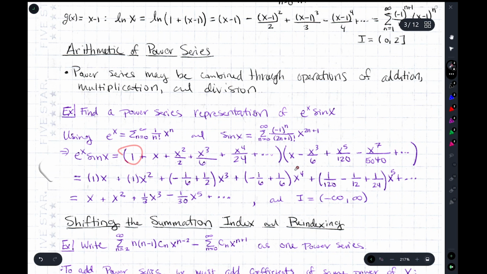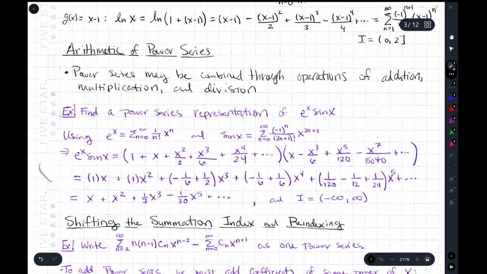So for example, here's 1 times x and you get that. Okay, for x squared, you'll take this term and this term. Okay, and you'll get that. For x cubed, on the other hand, you'll have this term multiplying the 1, and there goes where that's coming from. And you'll also get this term multiplying this, and so you'll get that 1/2.